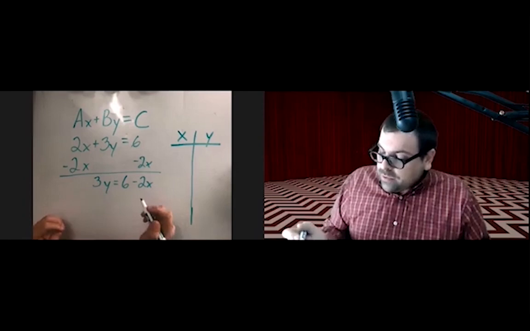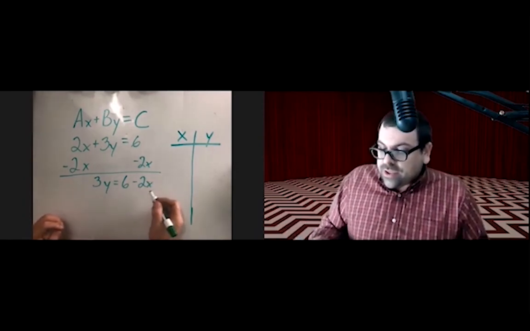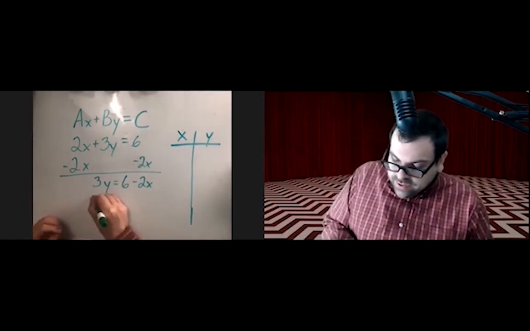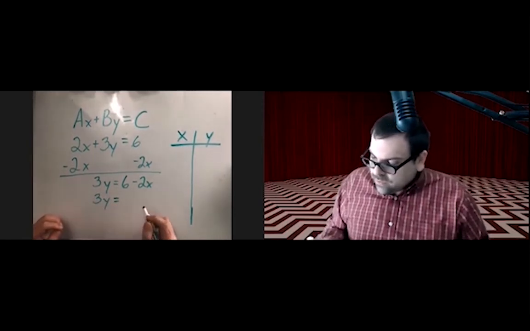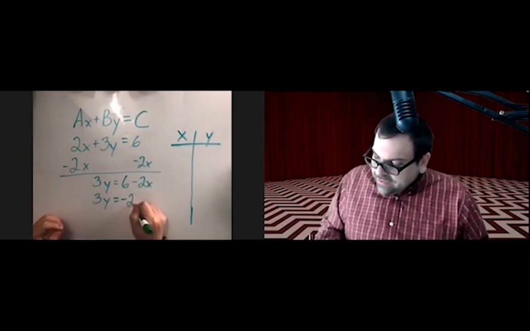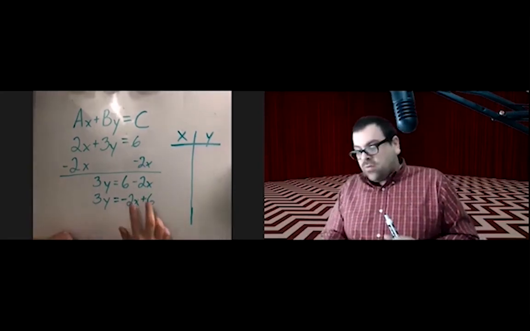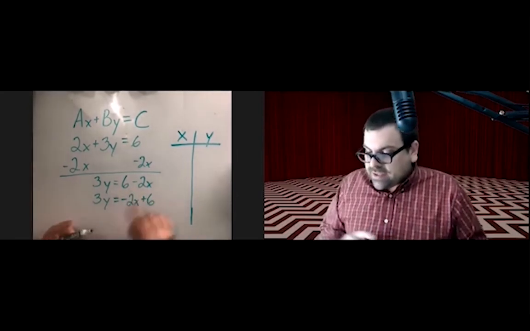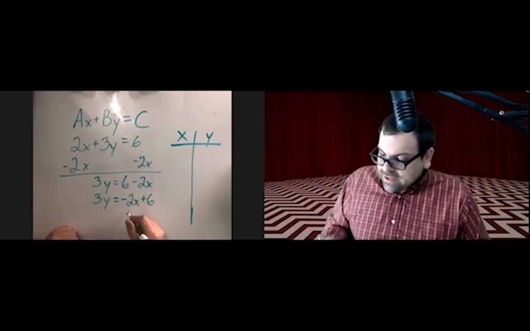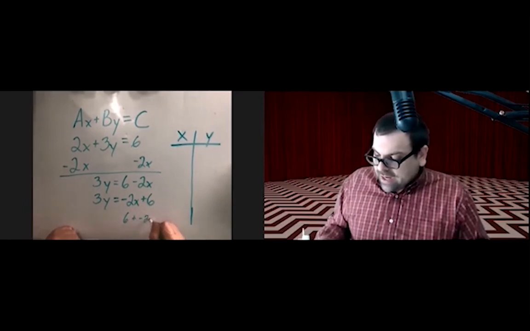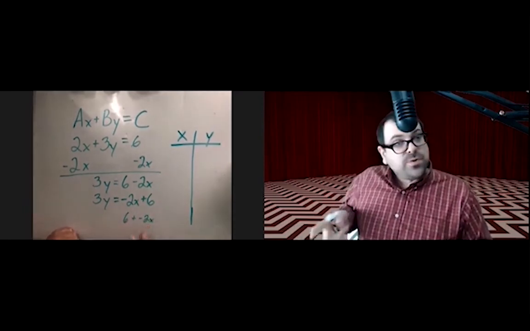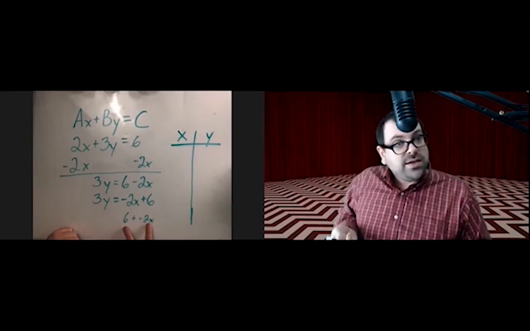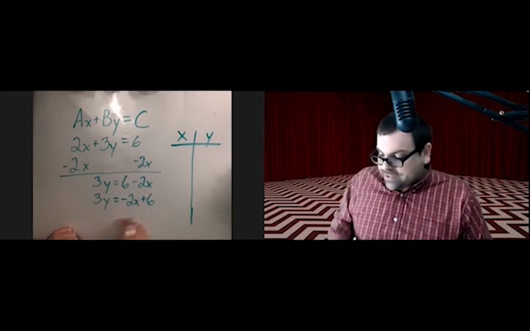And let's go ahead and put the x term first. So 3y equals, this will be negative 2x plus 6. Remember, we can't just switch it around the minus sign. 6 minus 2x is the same as 6 plus negative 2x. We can switch them around the addition sign, negative 2x plus 6.